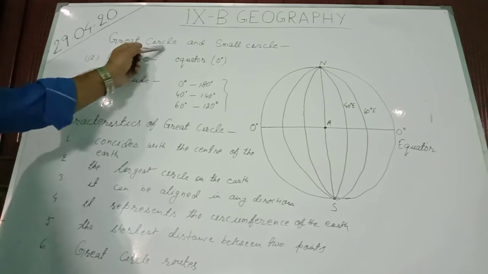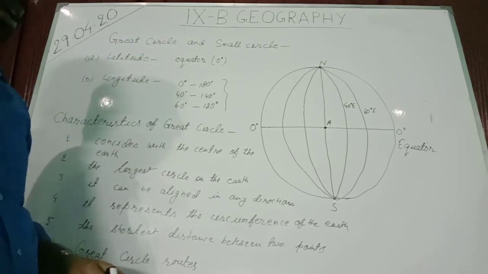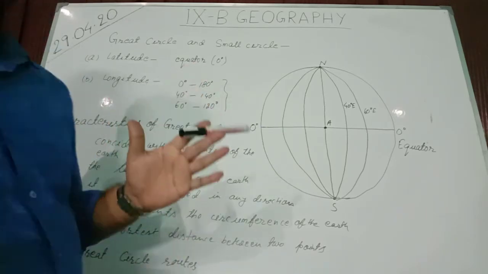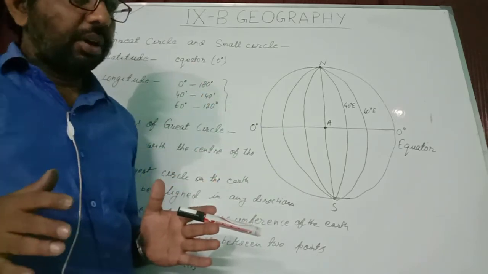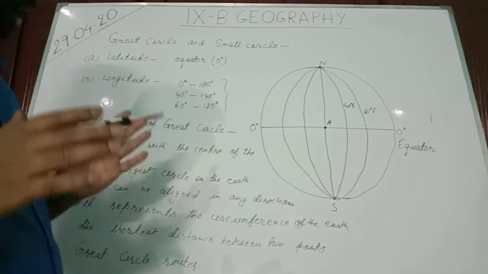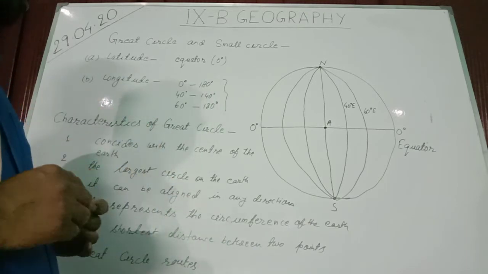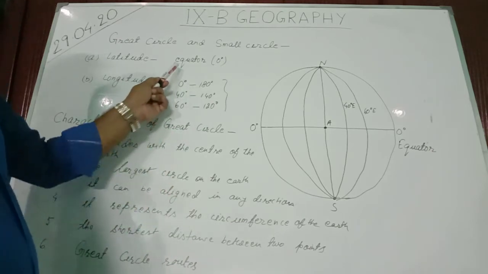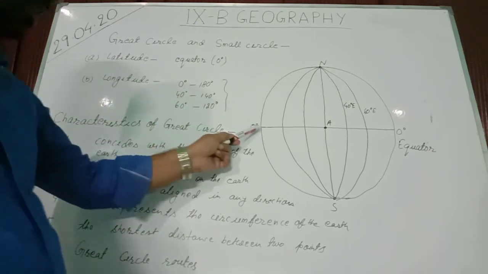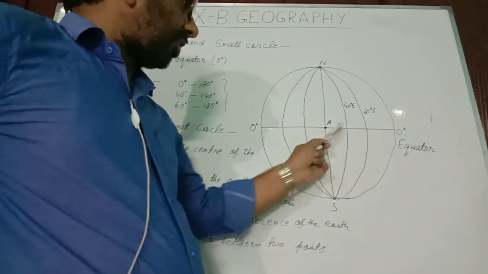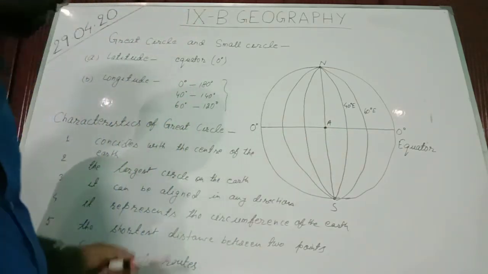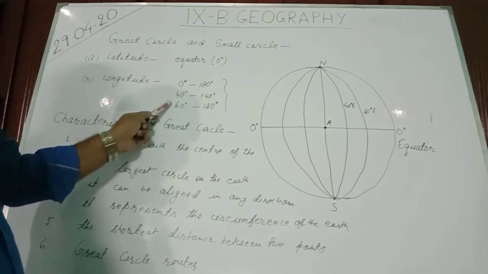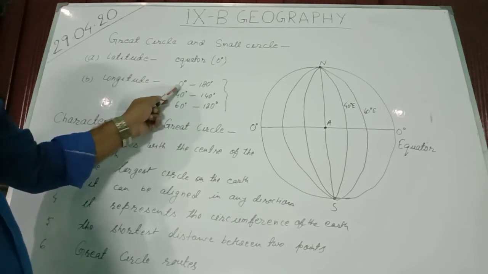So again, we repeat the explanation of this. First is the definition of great circle. The line that passes through the center of the earth, dividing the earth into 2 equal halves, is called the great circle. Among those, one is latitude, that is the equator. This equator passes through the center of the earth, and there are so many longitudes. We consider longitudes in this way: 0 degree.